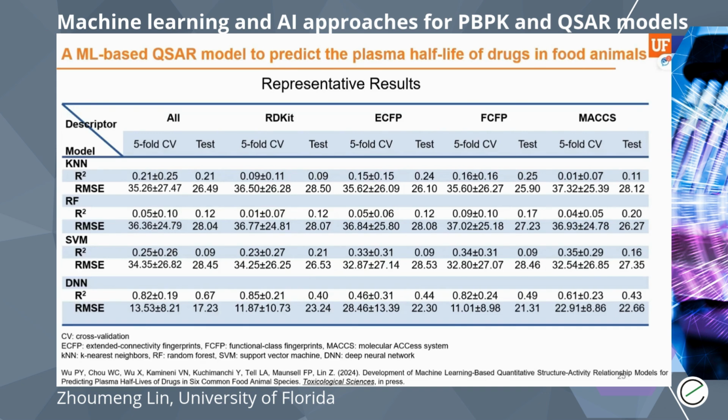We tried different types of molecular descriptors, which are listed at the bottom of the table. We also tried different machine learning methods like k-nearest neighbor, random forest, support vector machine, and deep neural network, and then we compared the performance. We found that the deep neural network model has the best performance, with the most accurate prediction of plasma half-life of selected drugs in these food animal species.